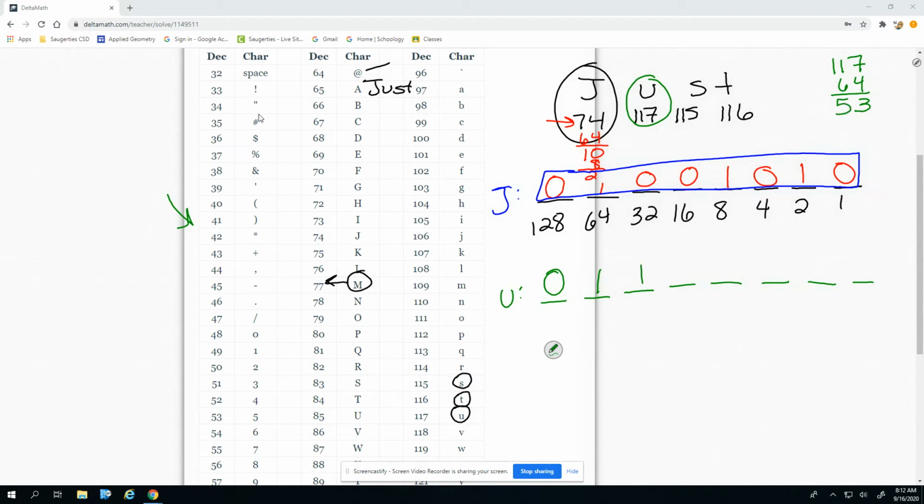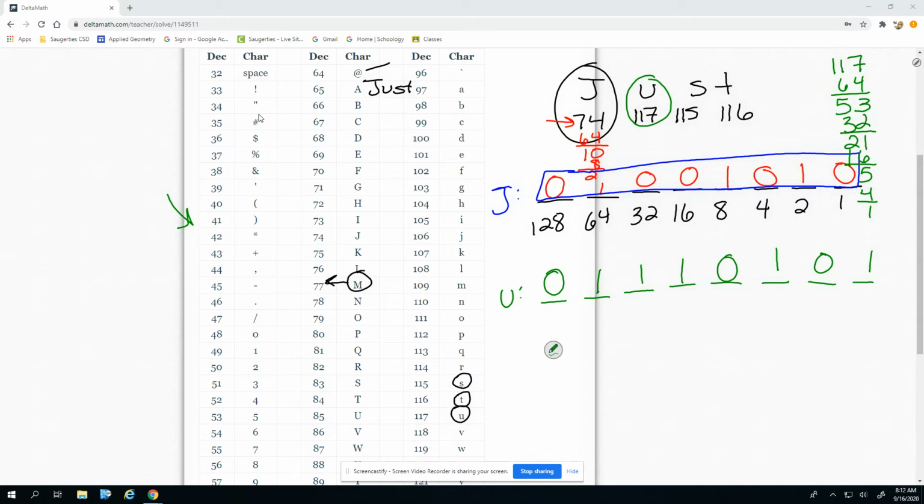I have a 32. Basically, a 32 fits into what's left. I have a 16. I don't have an 8, and then I do have a 4, minus 4, no 2, and a 1. Okay, so that's my number for the letter U.